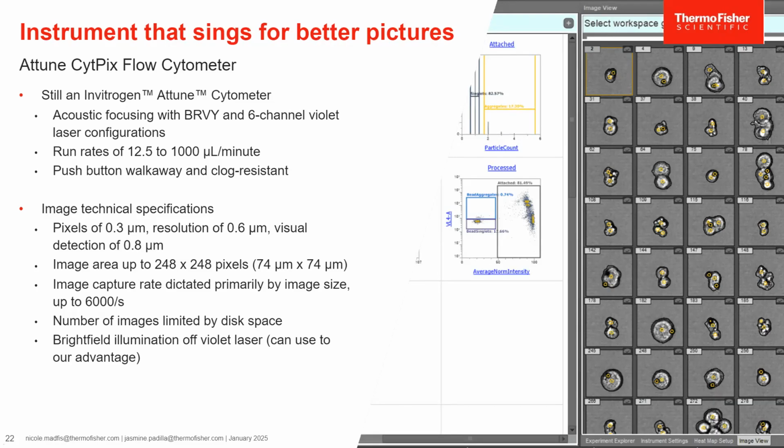It is clog resistant and comes in 4 laser, blue, red, violet, and yellow configurations with 6-channel violet laser options that can be used for discerning red blood cells and whole blood samples. It simply excels at taking high-quality, bright field images up to 6,000 images per second with a visual detection down to 0.8 micron.